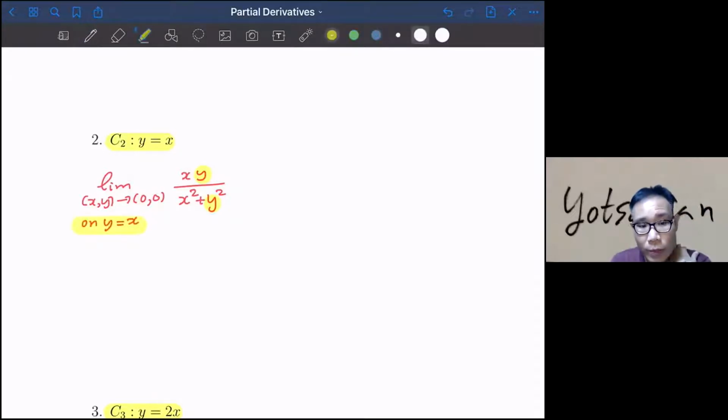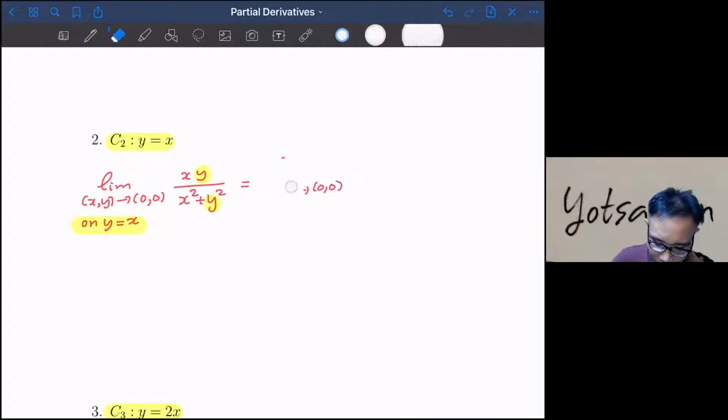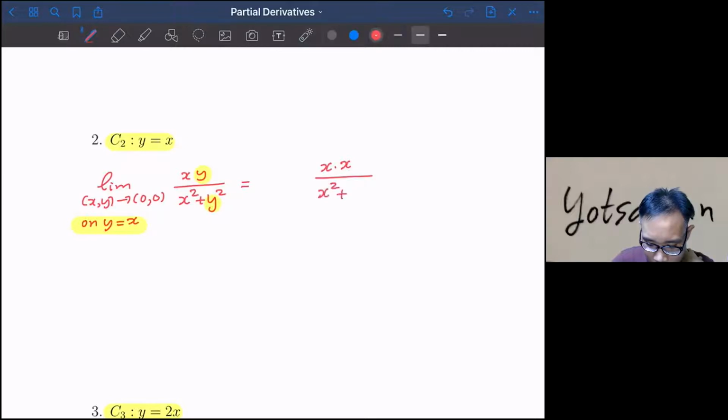Sorry, it's not limit (x,y) goes to (0,0); you're going to plug in y equal to x. So it's going to be x times x over x squared plus x squared, and this is going to be limit x goes to 0.